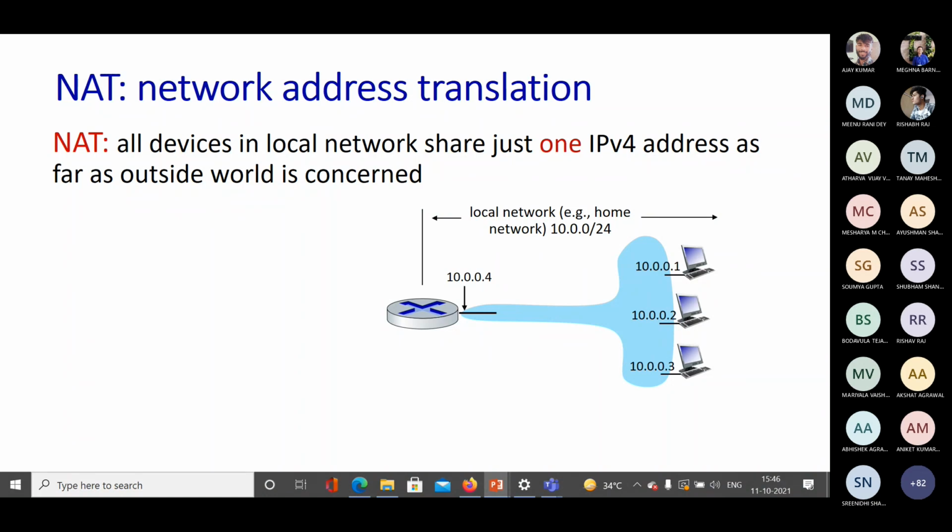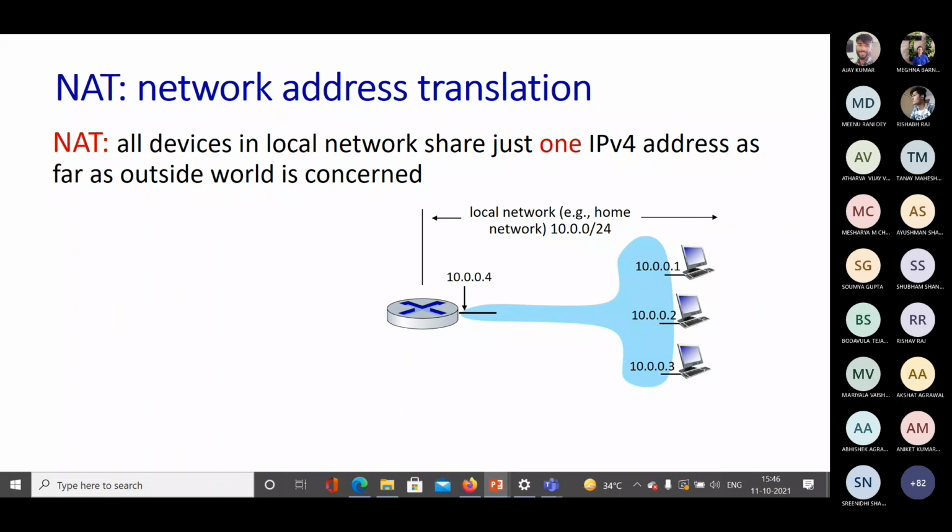For example, when you have inside your institute, in a particular department, you will see that the IP addresses being given can be like 10.0.0.1, or even 127.0.0 like that.